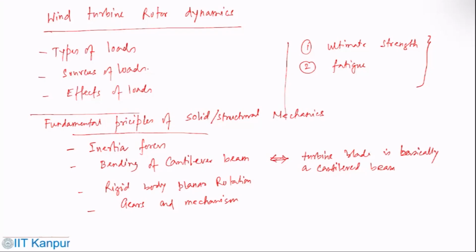Then an obviously important aspect is gyroscopic motion, which is quite important for the design of a wind turbine, because this is something very crucial. The reason being that the yaw of the turbine while the rotor is spinning can result in significant gyroscopic loads.